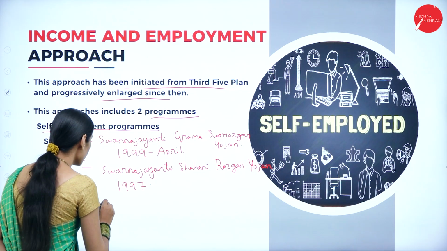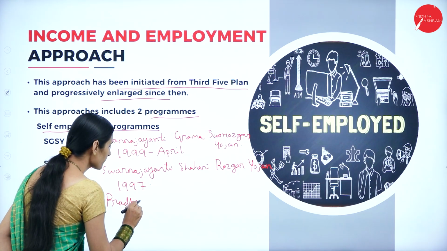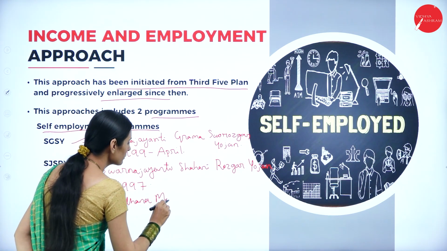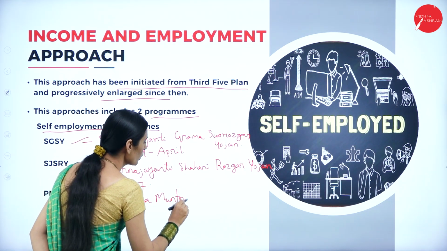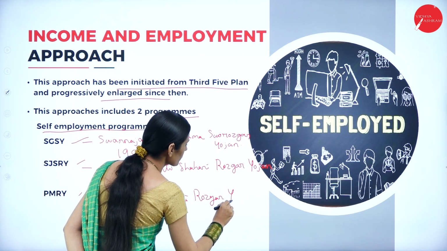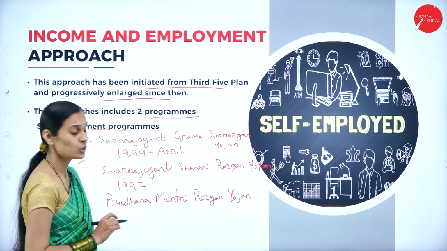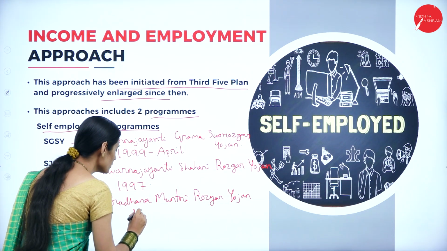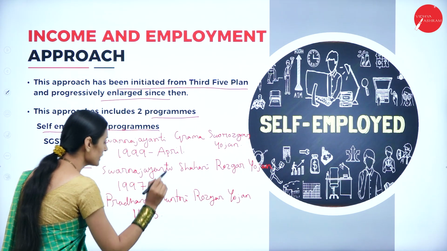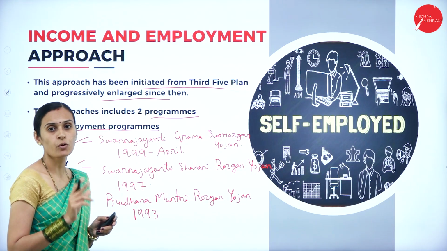And PMRY, Pradhan Mantri Rozgar Yojana, was launched in 1993. Swarna Jayanti Shahari Rozgar Yojana includes two important schemes.